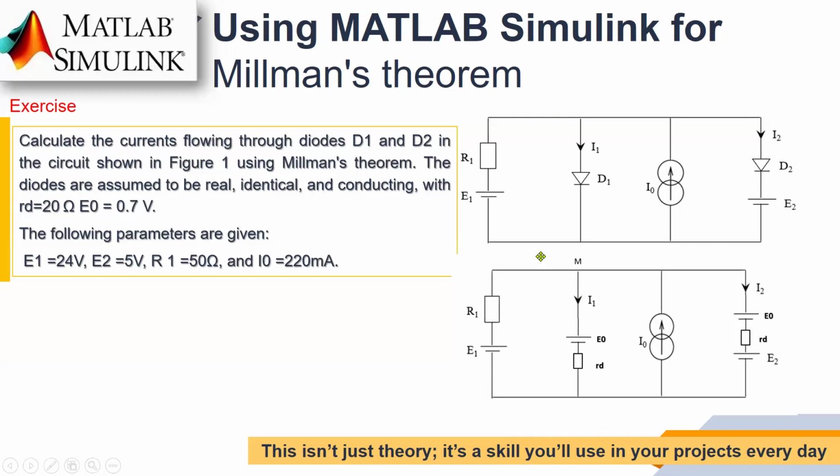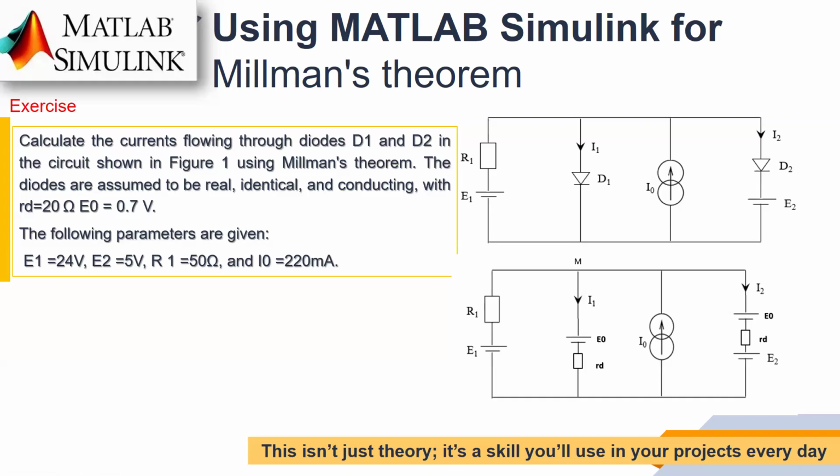Okay, we have also other components like DC voltage sources. We have a resistor to control the current through the circuit. Okay, we have the current source, which generates the current. So in this step, you can of course calculate the current using Millman theorem as in the exercise.